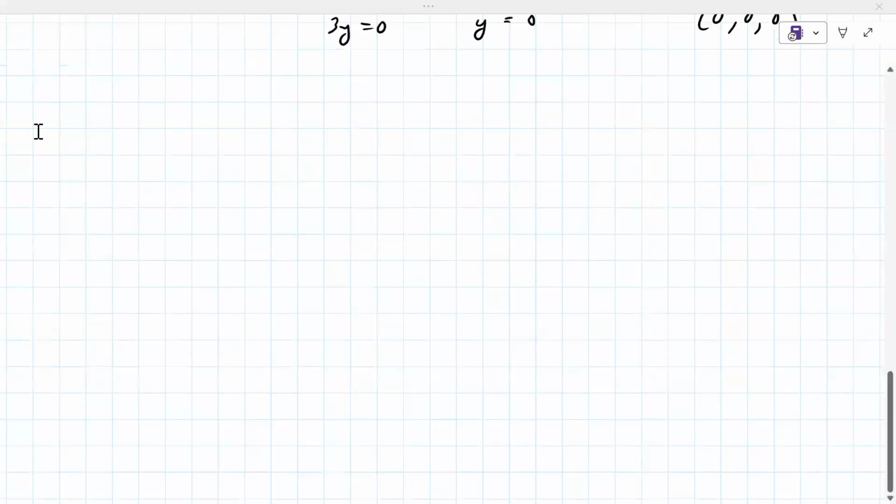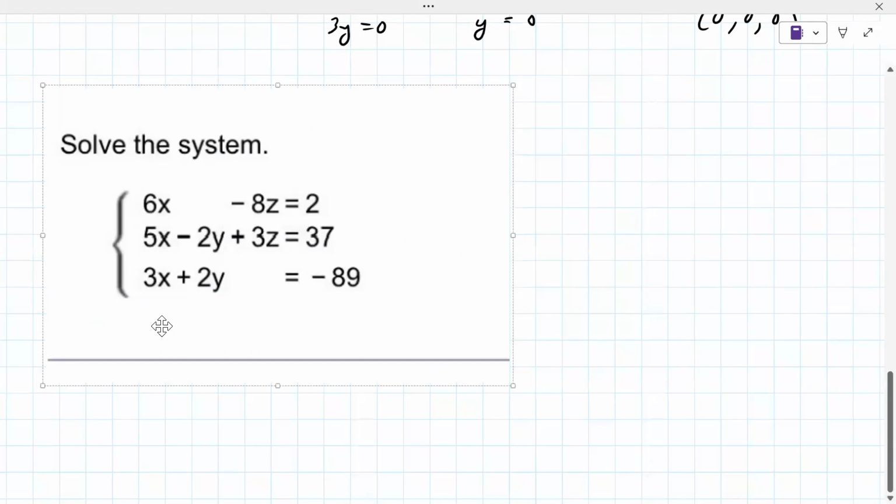The next one here is not as easy to solve for a variable because the equations are just not as nice. That's where you have to use this elimination technique. For example, 3 goes into 6, which is a good thing. The 3x down here goes into the 6x.